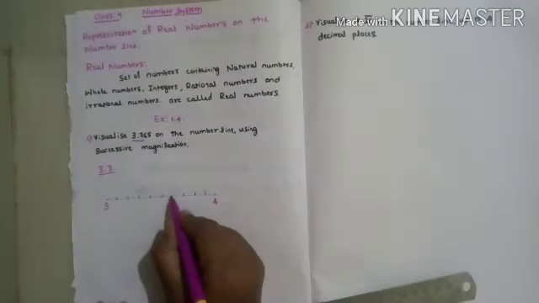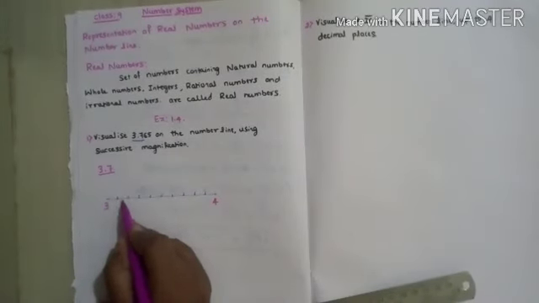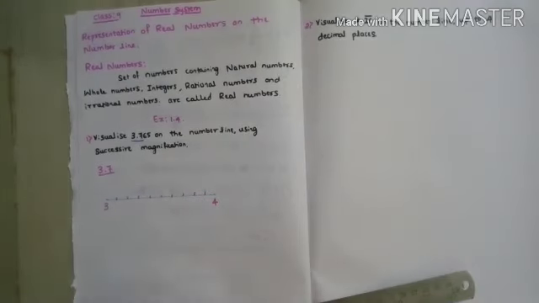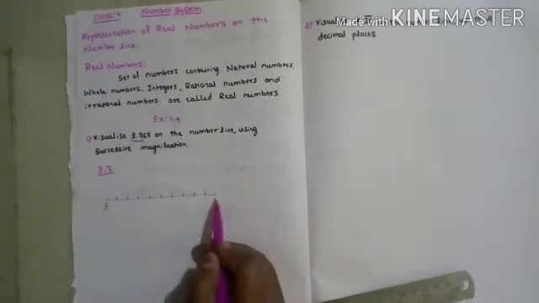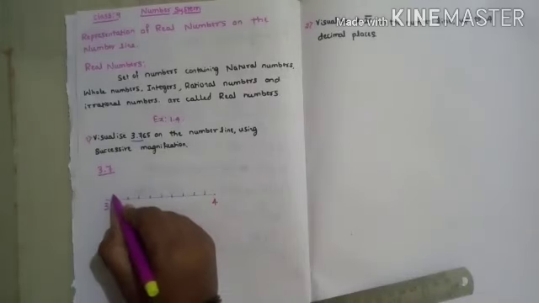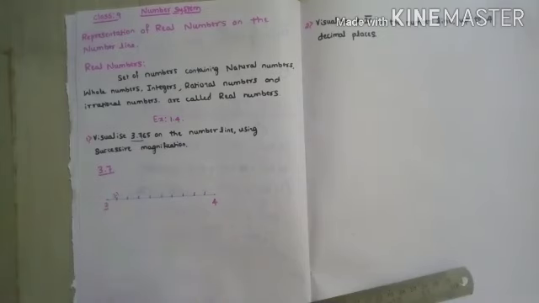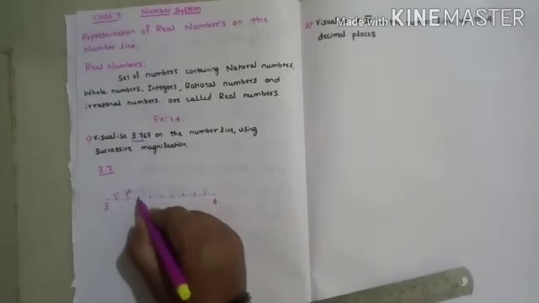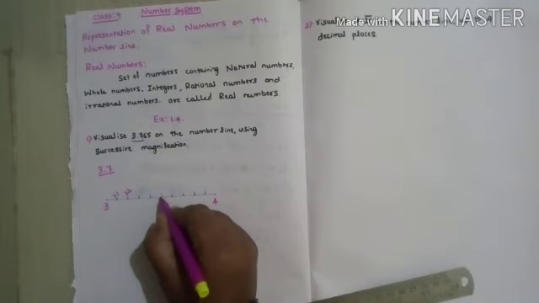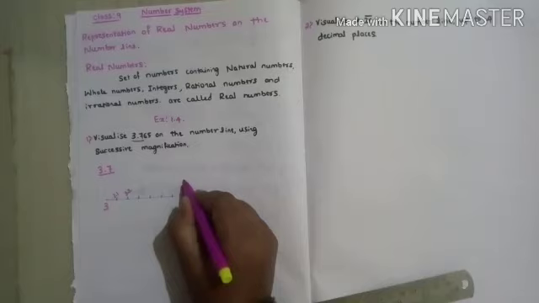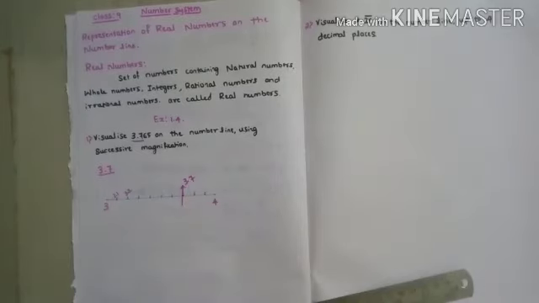Means 9 lines I have drawn, means 10 parts are there. So this starting point is 3, this is 4. First point is representing 3.1, second point is representing 3.2. Like that, this is 3.3, 3.4, 3.5, 3.6, 3.7. We want to represent 3.7, so we represented 3.7 now.